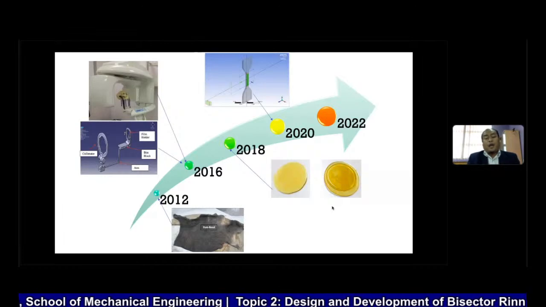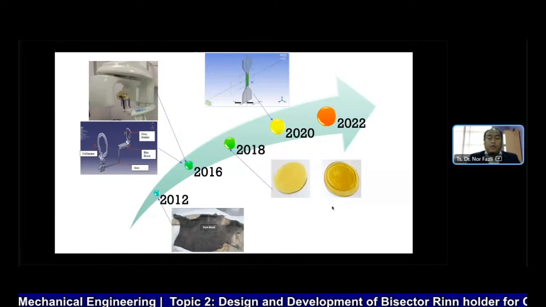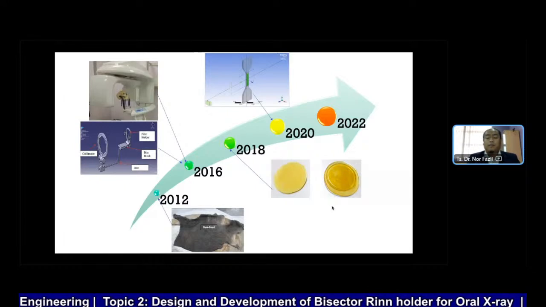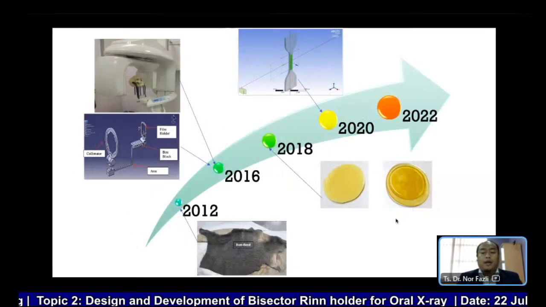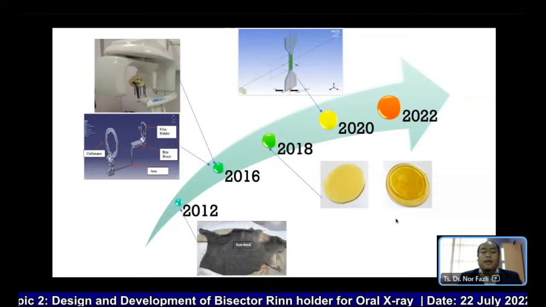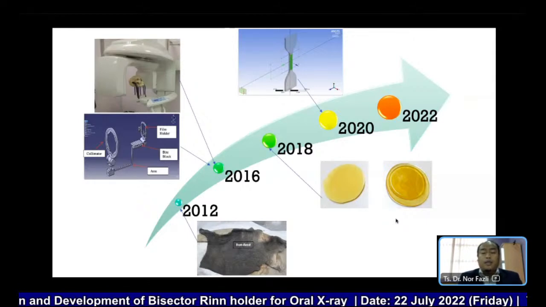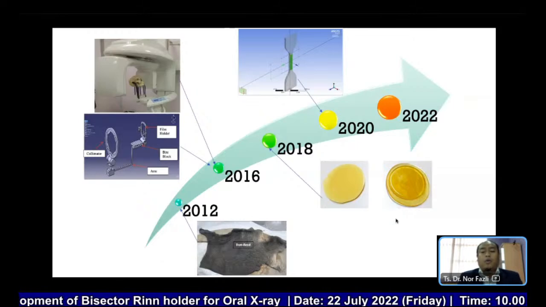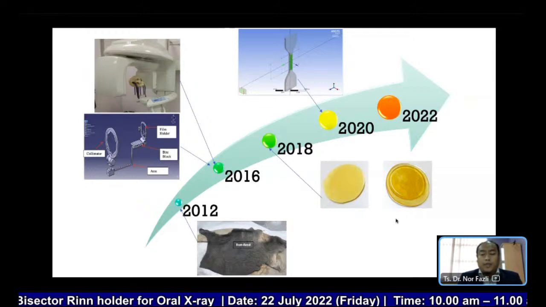In 2018, my first postgraduate student started work on a healing patch for the skin. That is my current work. Then in 2020, the pandemic came for the whole world and no experimental work was able to proceed.